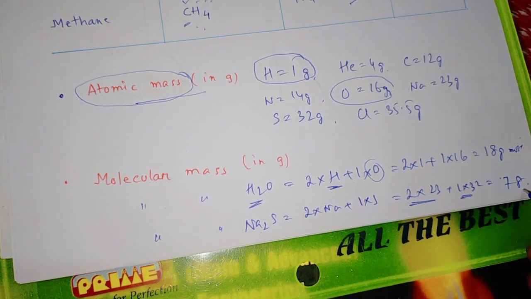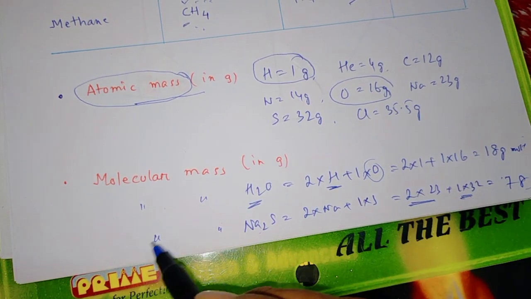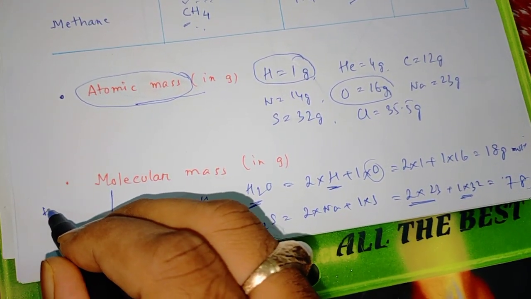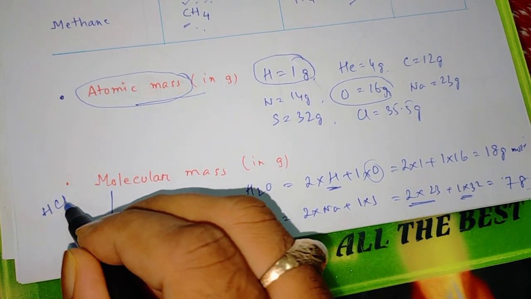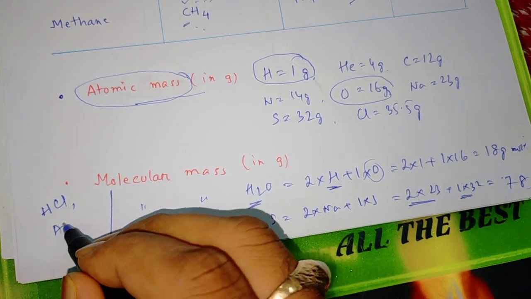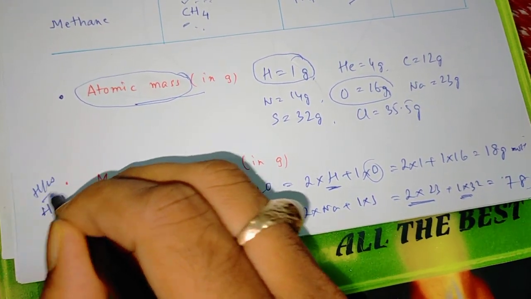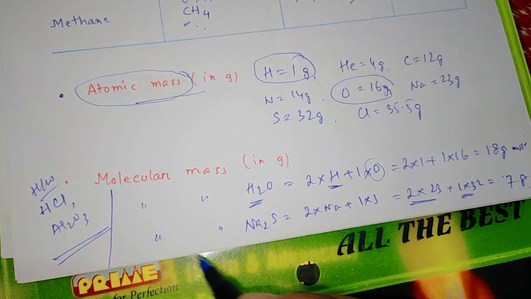So like that, 78 gram. So you have to find the molecular mass of different compounds. This is required. Actually, you require to find the molecular mass of HCl, Al2O3. So these are some things that you have to do.